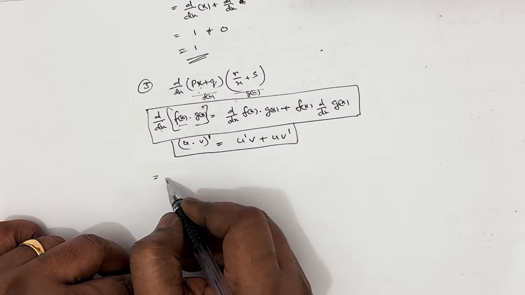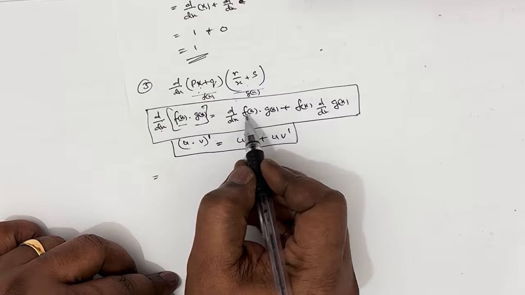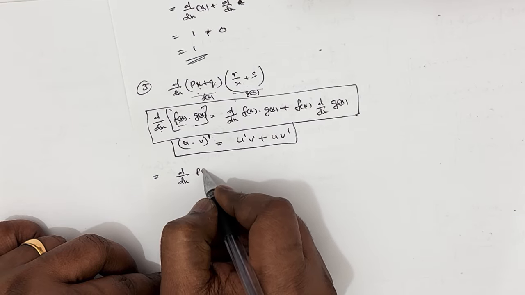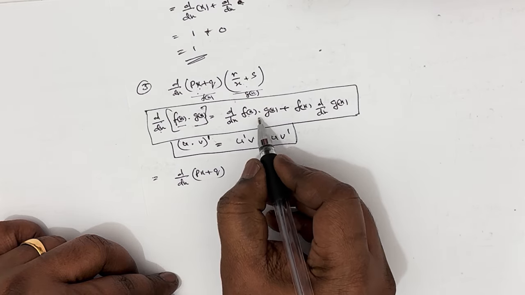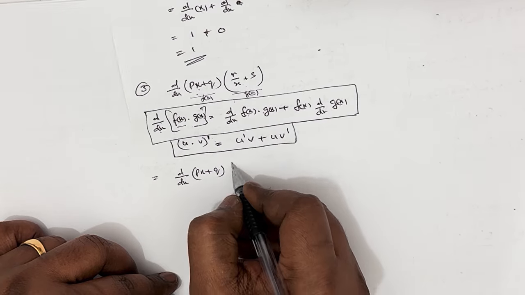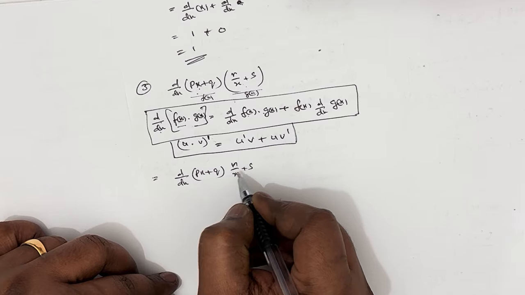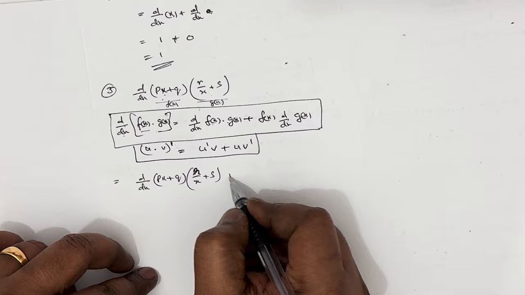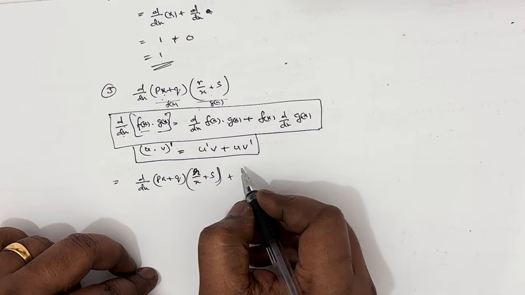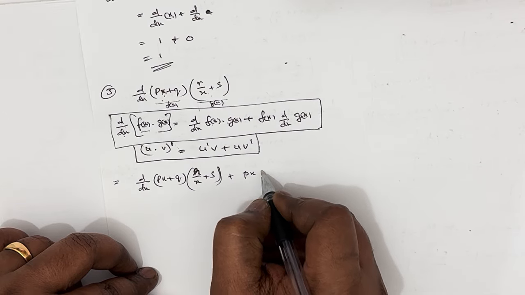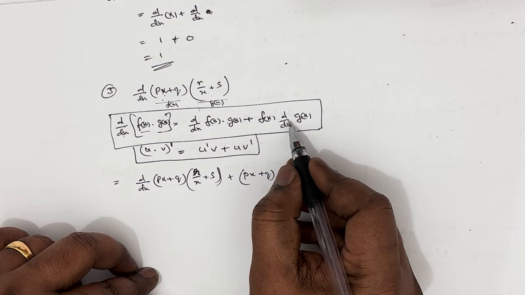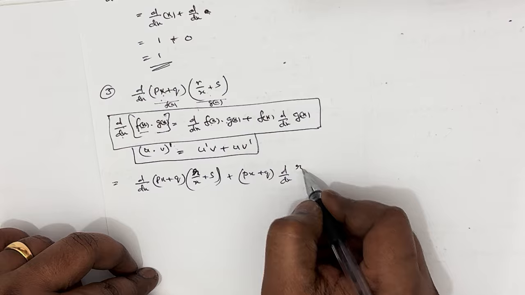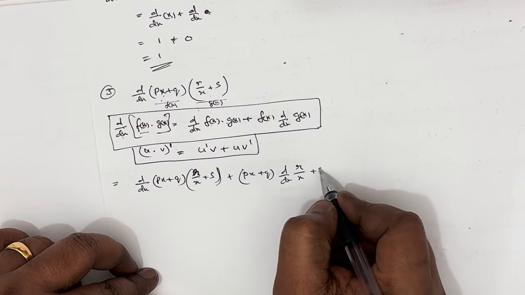It will be the derivative of the first function f of x, so d by dx of px plus q, multiplied by the second function g of x, r by x plus s, plus the first function px plus q, and the derivative of the second function, d by dx of r by x plus s.